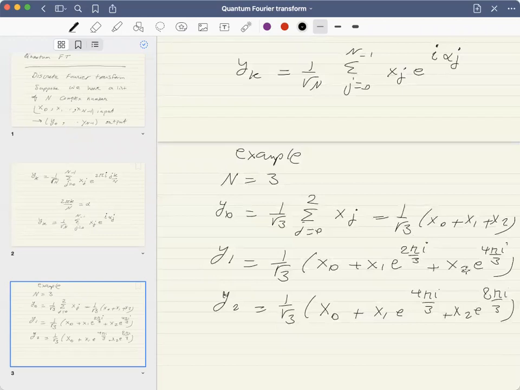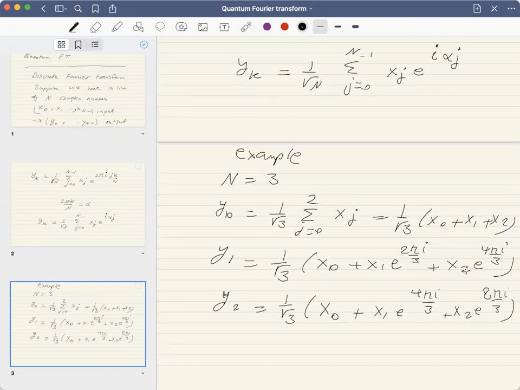So it seems that the number of operations in this will go as n squared.